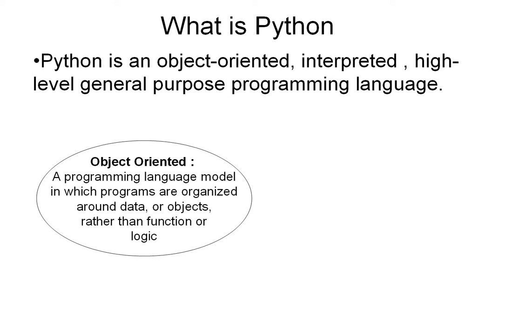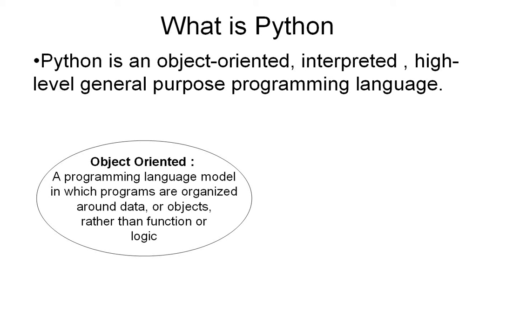So it is typically different from the structured programming languages like C, where we keep on writing the language as per the need or as per the function or logic that is required over there. So that is different. Object-oriented programs like Java, C++, and Python, they are more modular. We create classes and then we use them.